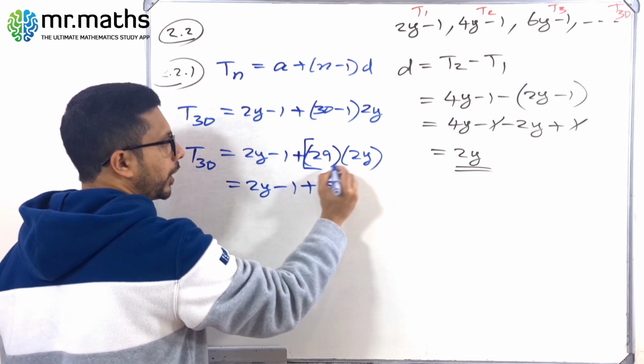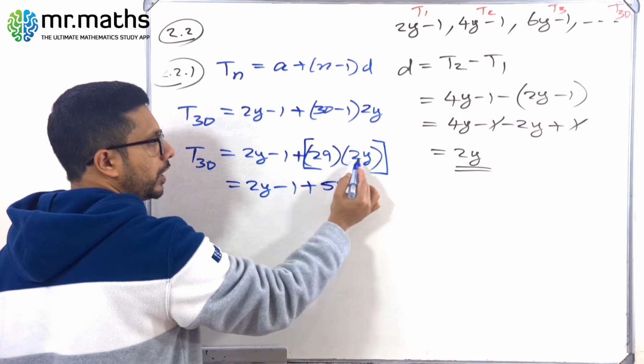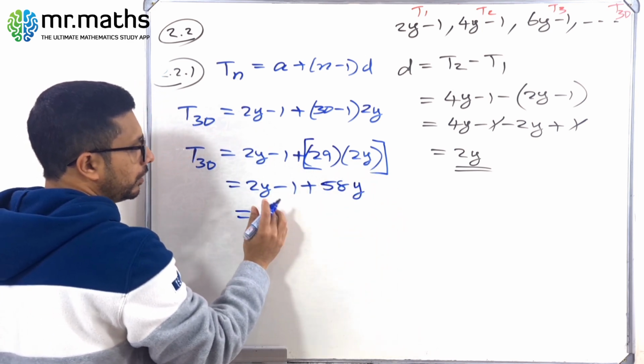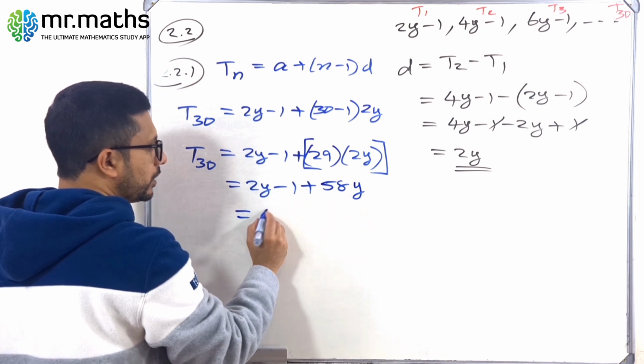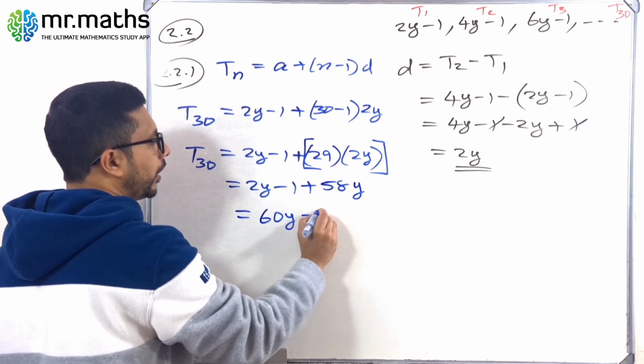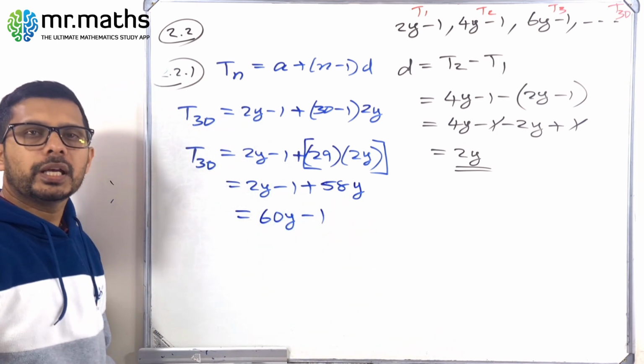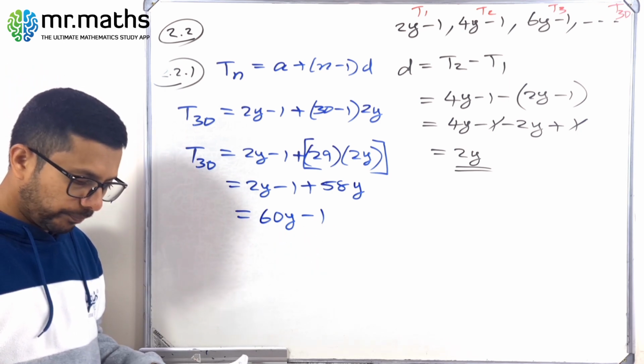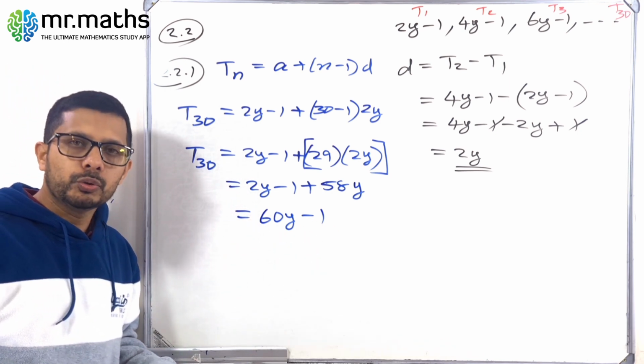All of these in the bracket are multiplication. So 2y plus 58y is 60y, then minus 1. So the 30th term is 60y minus 1. Okay, so that is question number 2.2.1.